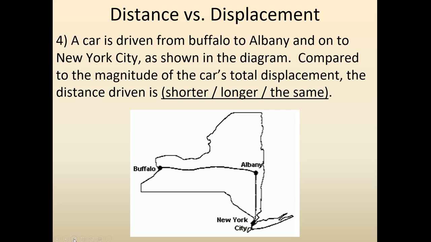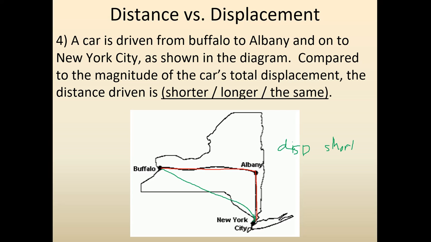All right, so they want us to compare the total displacement to the distance. So again, the distance is this length and this length. That's the distance. The displacement is from here to here. I said before that displacement is always shorter.